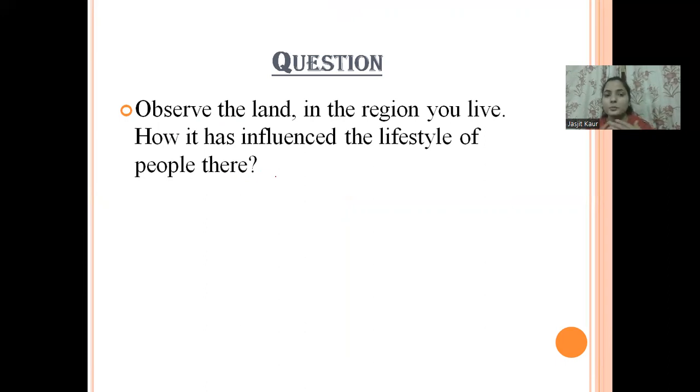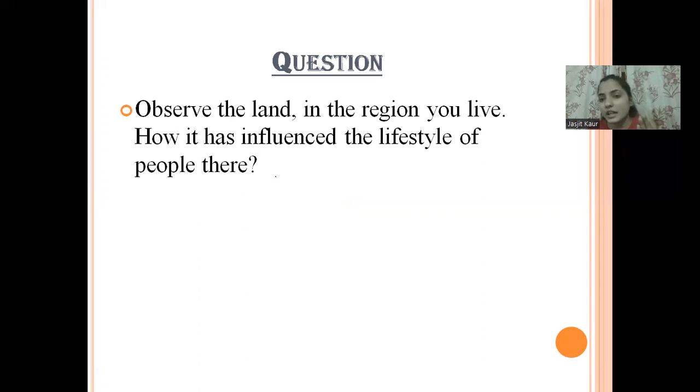Now talking about my area, I live in Punjab. What kind of land do we have here? We have a plain area. Here people mostly prefer to do agriculture, and as roads can easily be constructed, they are engaged in transportation activities, and a number of factories and industries are also being established here.